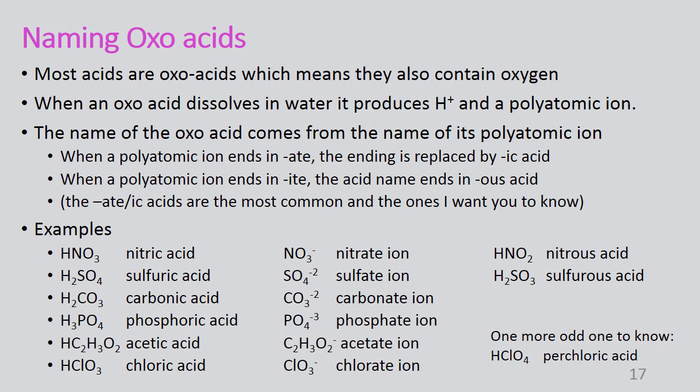And notice that oftentimes the OUS acids have one fewer oxygen than the IC acids. Again, I don't really care if you know the OUS acids so much, so just the examples on the left that I've shown you. But there's one other acid that you should know, and that's HClO4 or perchloric acid.